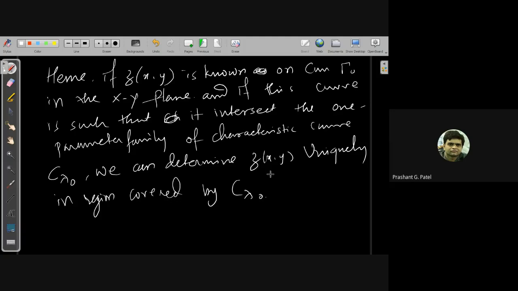And we should note that this lambda 0 which we have obtained here is chosen arbitrary, and we can deal with this point later on.